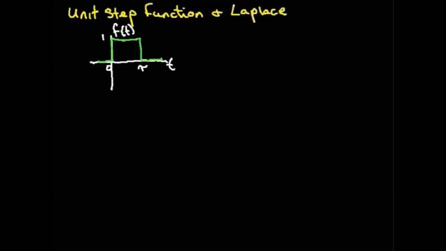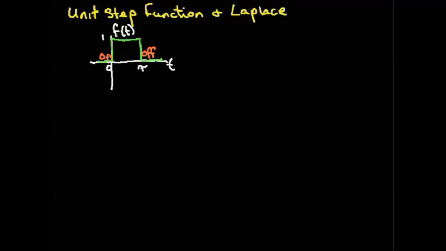What we are specifically interested in is this point here where we switch the waveform on, and this point here where we switch the waveform off. Everything before the on point and everything after the off point we're not really interested in because it's just 0.